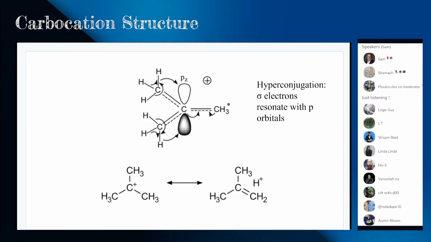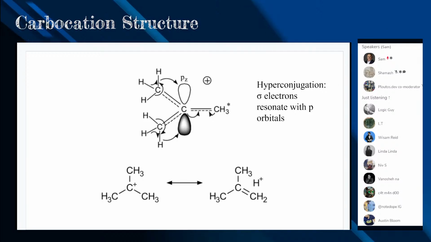And so we can basically then form as one of our canonical structures the one that we see on the bottom right, that there's a carbon-carbon double bond and there's an H plus floating about.